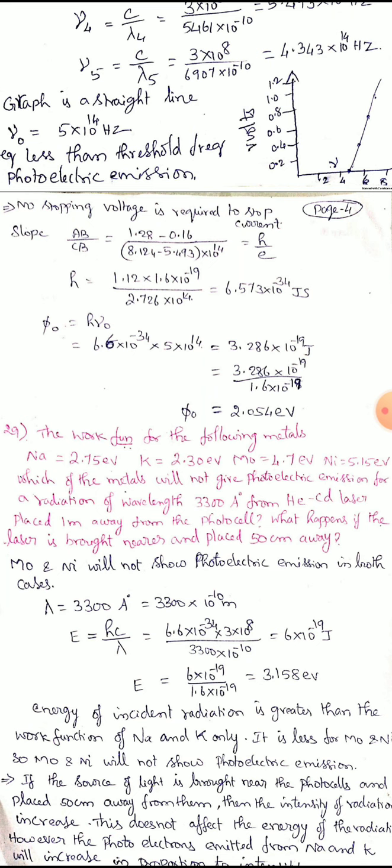Intensity I is equal to 10^-5 W m^-2, and A is equal to 2 cm^2 converted into meters, that is 2 × 10^-4 m^2. Then power is equal to I into A. Substitute the values, you will get the answer as 2 × 10^-9 watts. To find phi naught, it is given as 2 electron volts converted into joules: 2 × 1.6 × 10^-19 gives 3.2 × 10^-19 joules.